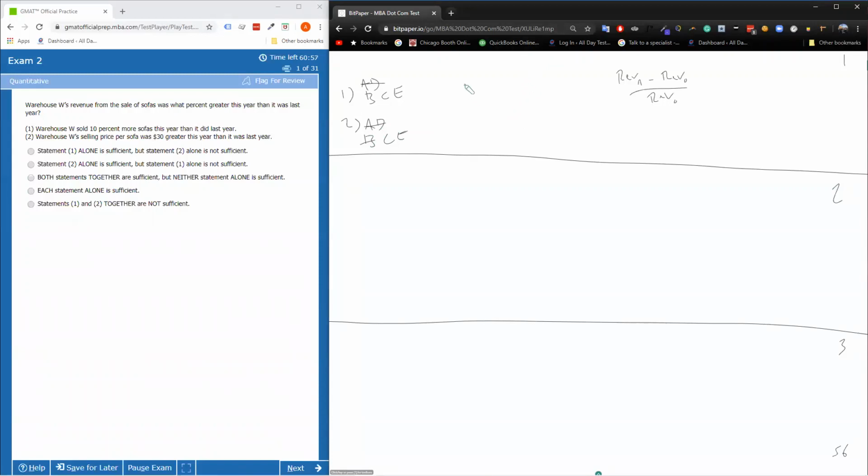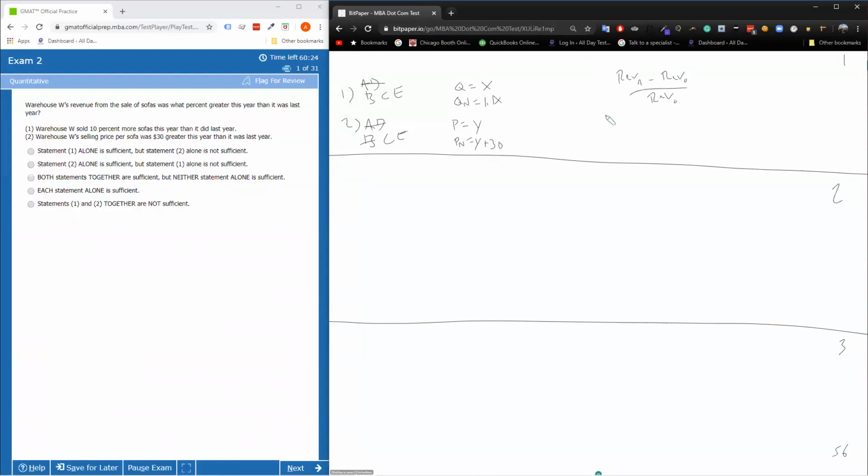So if we call quantity last year X, then quantity new is equal to 1.1X. We could call price last year Y. Price this year then would be Y plus 30.